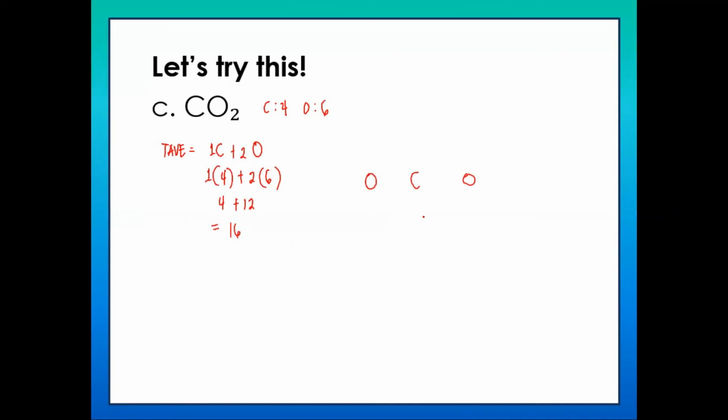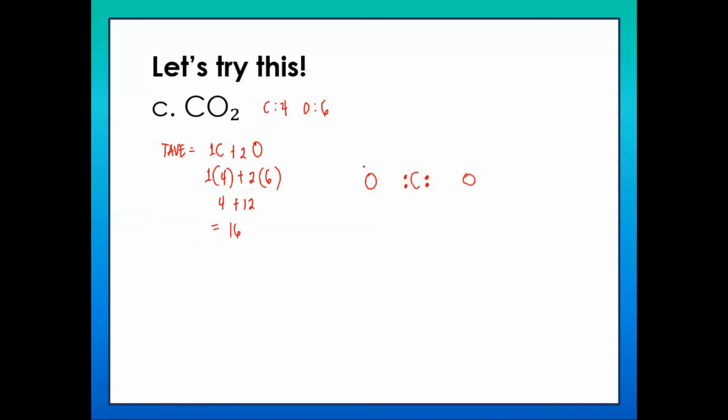Yun naman yung importante. Now, we have to plan it. Alam naman natin na there are 6, so kulang ng isang oxygen tayo dalawa. Kaya I will put the dots on this side and the other side of carbon element symbol.